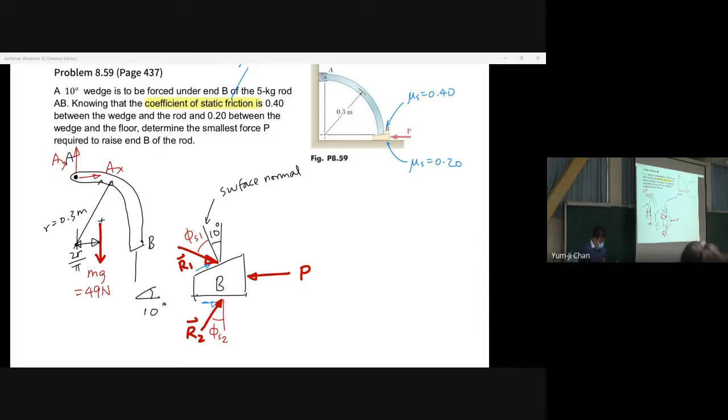Because this one goes to the right, on the rod it should go to the left. Sometimes if you are stuck finding the direction here, go to this one first, and then look at it back.